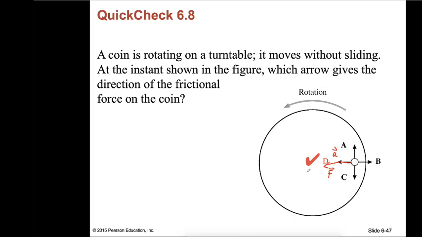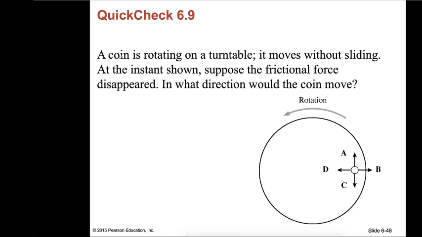This force has to be the friction. If there's no friction, there's no uniform circular motion at all. So the net force has to be pointing to the center, which is the friction, because friction is the only force which can provide the net force pointing to the center.